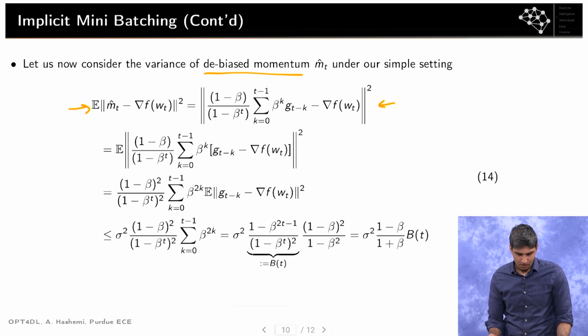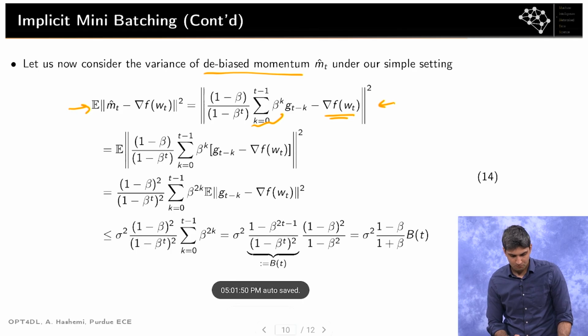Now, it turns out that this sum is going to be exactly 1 minus beta to the t divided by 1 minus beta, as we saw in the previous slide. So what I can do is put the true gradient inside the sum, such that it gets the weights beta to the k.